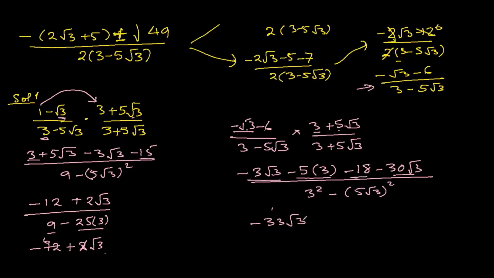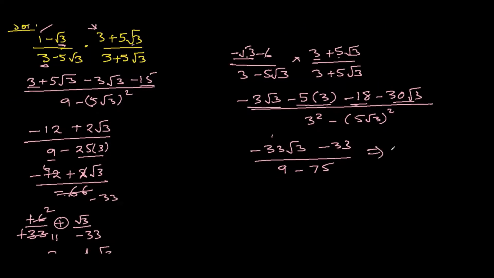Minus 15 minus 18 is minus 33. Alright, 3 square is 9 minus 75 again, because 5 square times square root 3 square is 75. And this becomes minus 33 square root 3 minus 33 over negative 66.